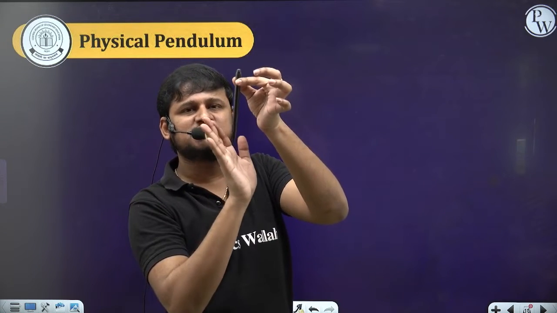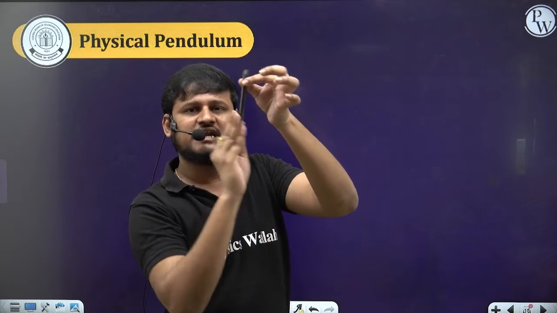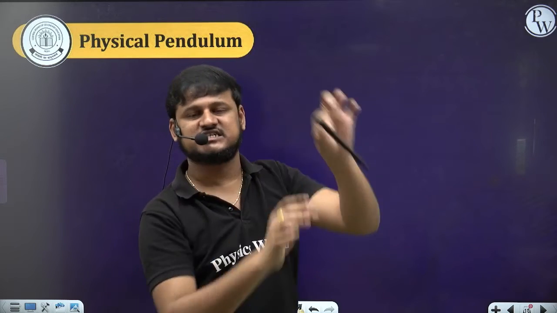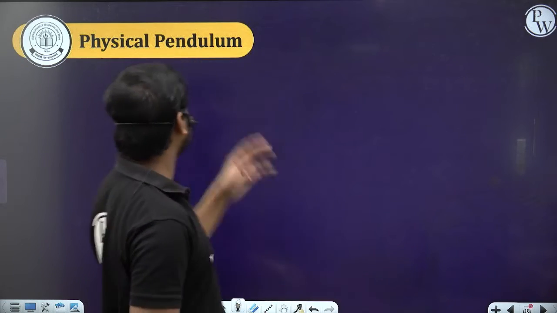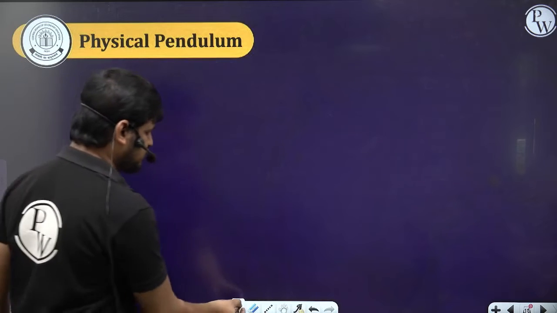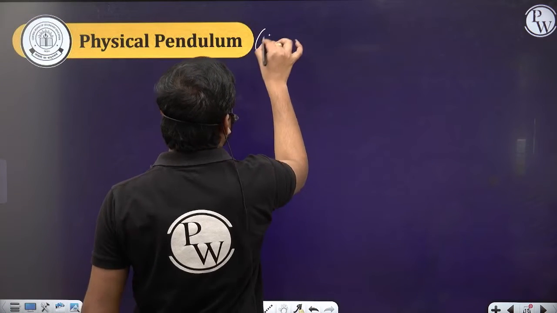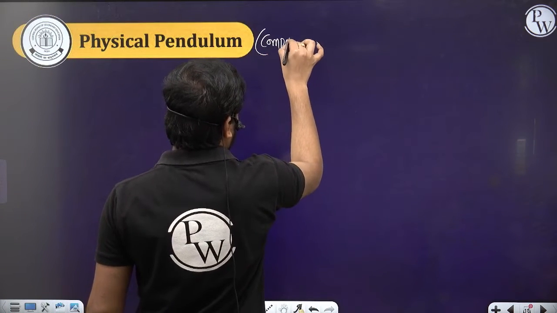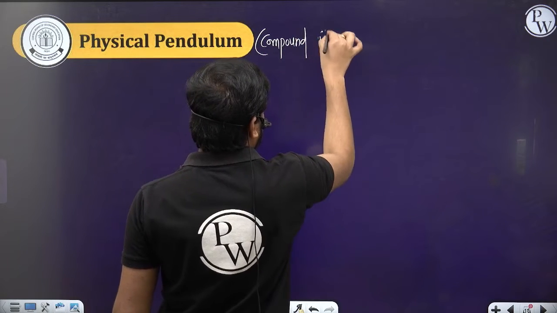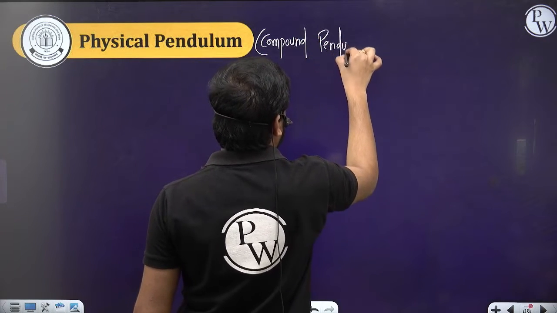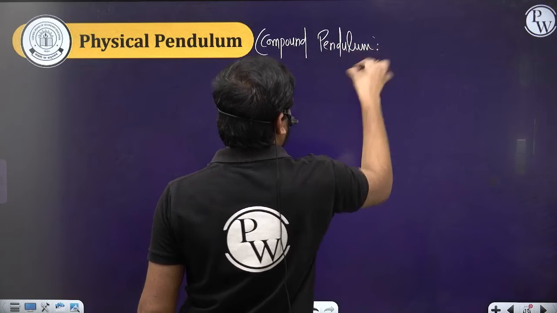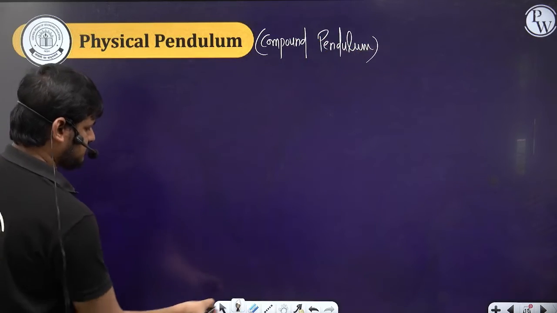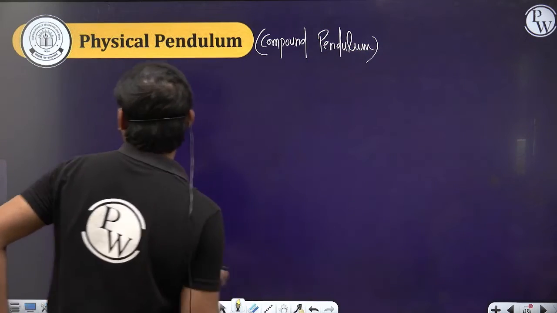Now you displace it by theta, then the whole body does S.H.M. That's a physical pendulum, which is also called the compound pendulum. Done? Clear? Now let's go further.